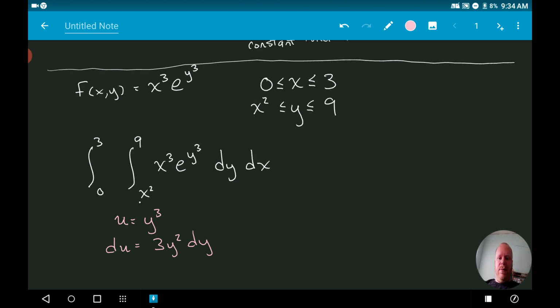But we run into that same problem that we saw with our rectangular regions where we don't have a 3y squared dy anywhere in here. So this is going to be an impossible integral to try and do as it stands. So I'll say not possible to integrate. We need to change the order.